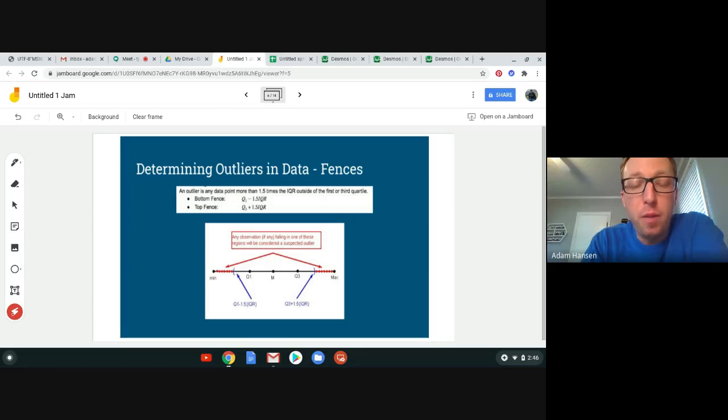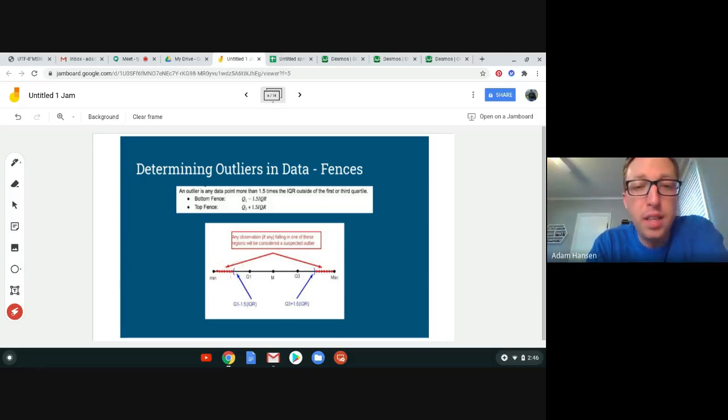Any data point that would be outside that range, from the bottom fence up to the top fence, would be considered an outlier or atypical data value given the rest of the distribution. So I can see that these data points are greater than the top fence, that top cutoff point right there. And vice versa, these smaller data points would be outside the lower fence.